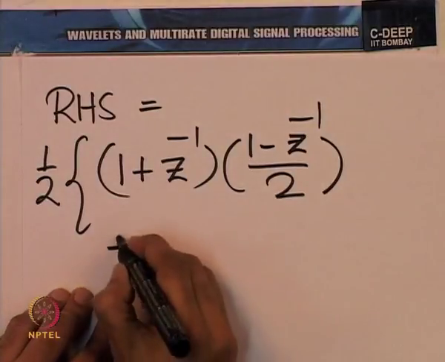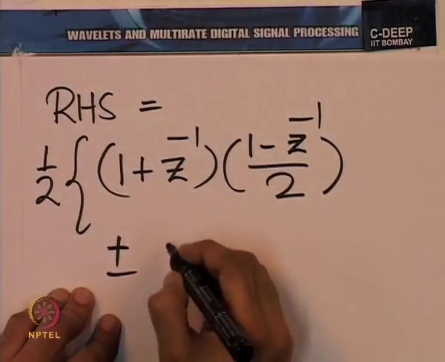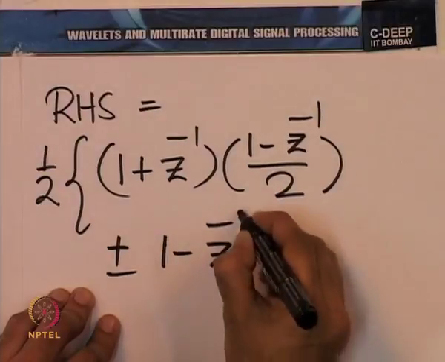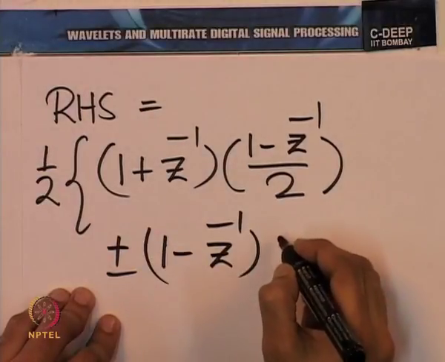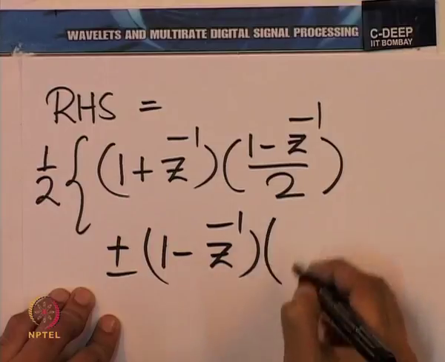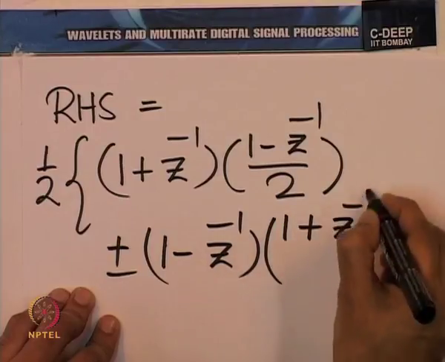Now, here we have a plus minus ambiguity. G 1 z is of course 1 minus z inverse and H 1 minus z is 1 plus z inverse by 2.